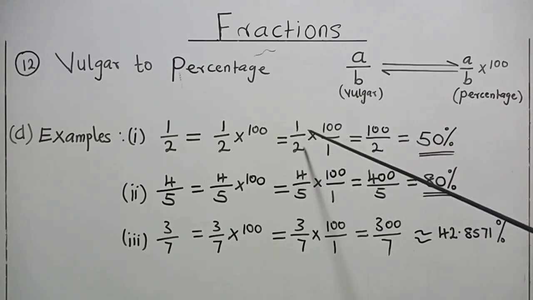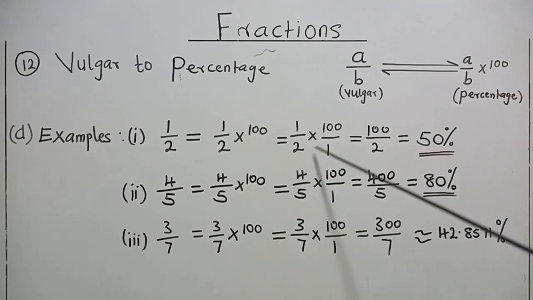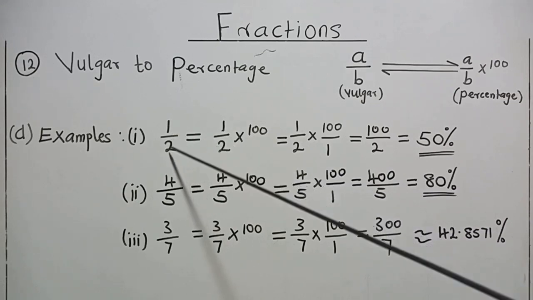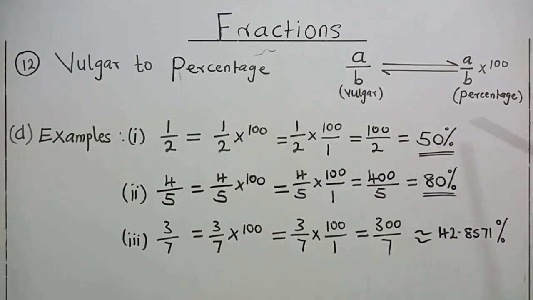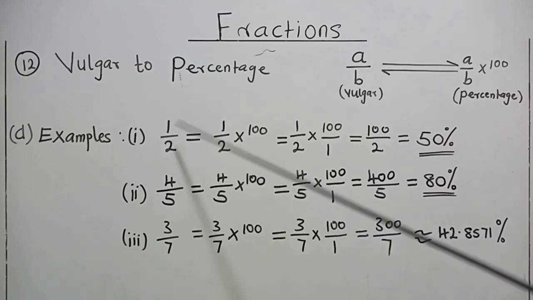That is 1 over 2 times 100 over 1, so that it becomes easy for us to carry out this operation by means of the formula for multiplying fractions. So 1 times 100 is 100. 2 times 1 is 2. When 2 divides 100, it is 50. Because of that, 1 over 2 is the same thing as 50%. That is, taking 1 out of 2 is equivalent to taking 50 out of 100.